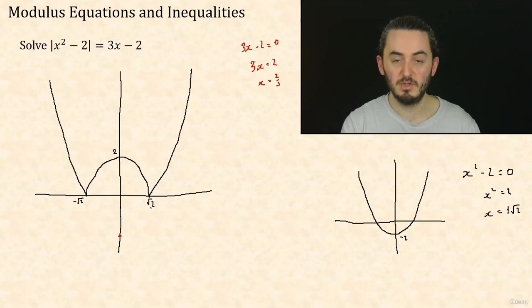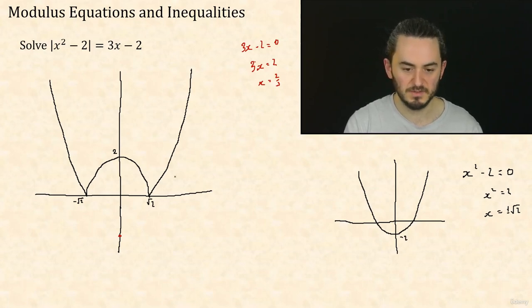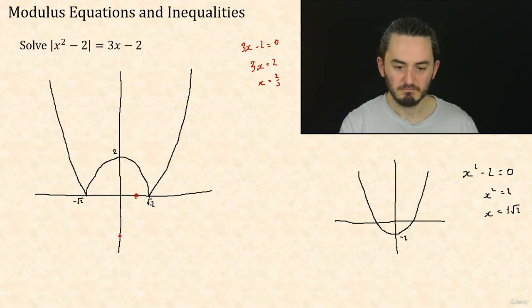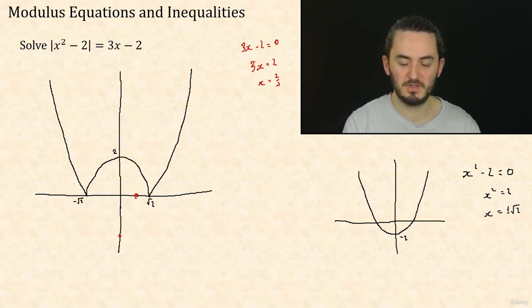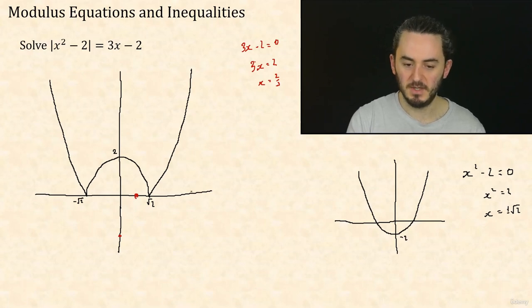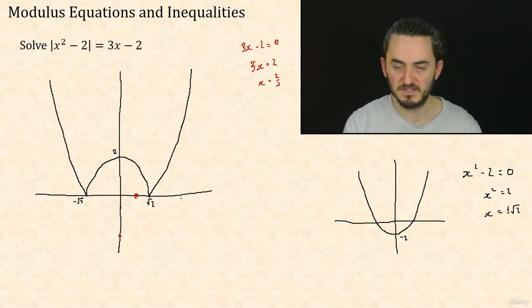Okay, well, I know that root 2 is bigger than 1 and 2/3 is less than 1. So we've got an x-intercept somewhere in here. And to be honest, it doesn't matter exactly where you put it. It's just important I didn't say it was over here, for example, because if I drew a line over here, it might look like it never intersected the quadratic. Okay, so now I draw my line.